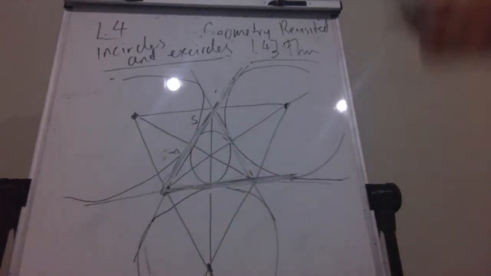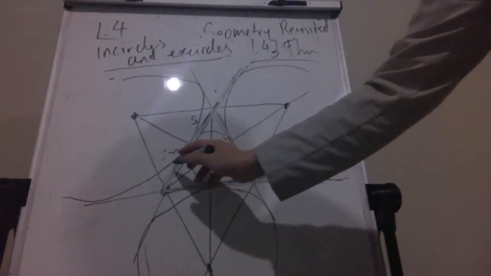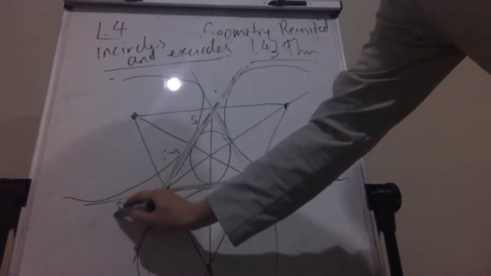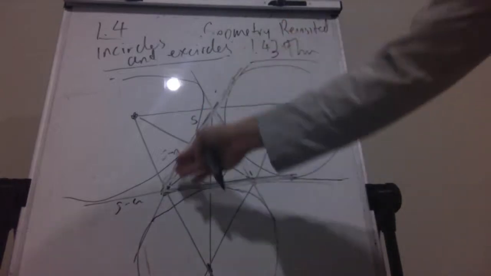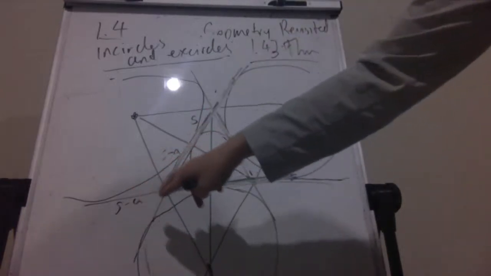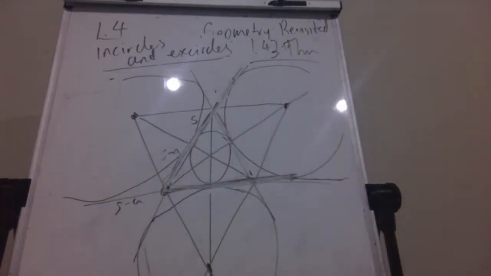I think they didn't mention that we proved it before. So I guess the longer tangents are equal to S, and the shorter ones are equal to S minus A. And that side should be the same as the tangents anyway, so it would be S.